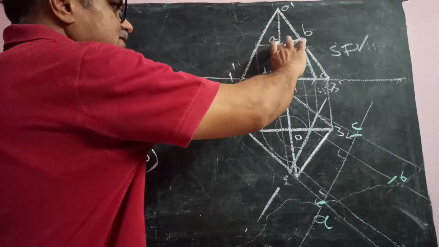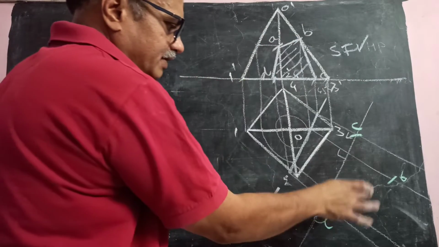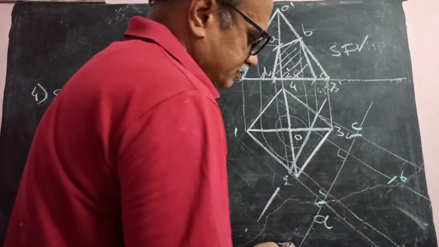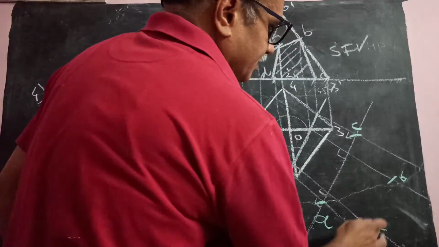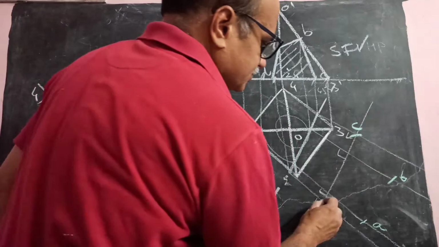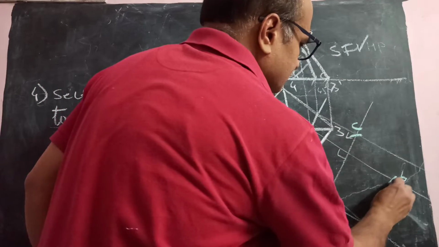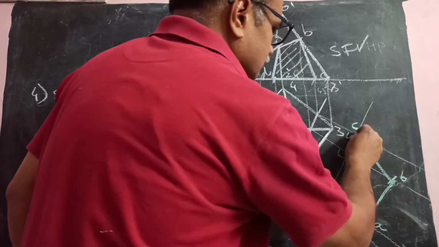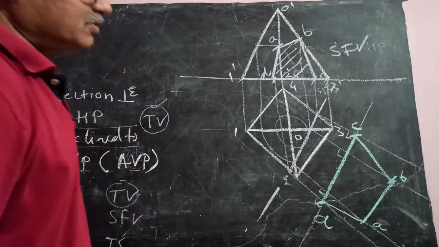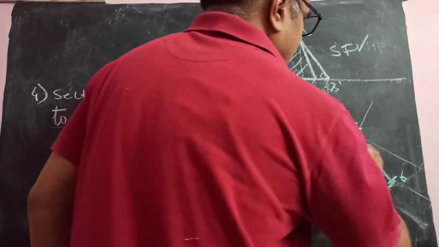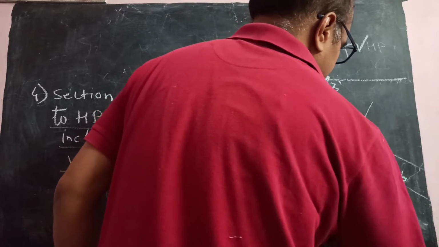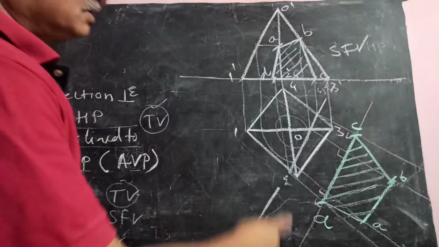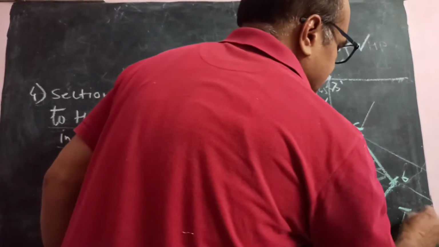A is at this much distance above XY, so A will be here. So this is A, B, C and D. You can join these. So you can see this is the true shape of the section. You can hatch this with inclined lines.